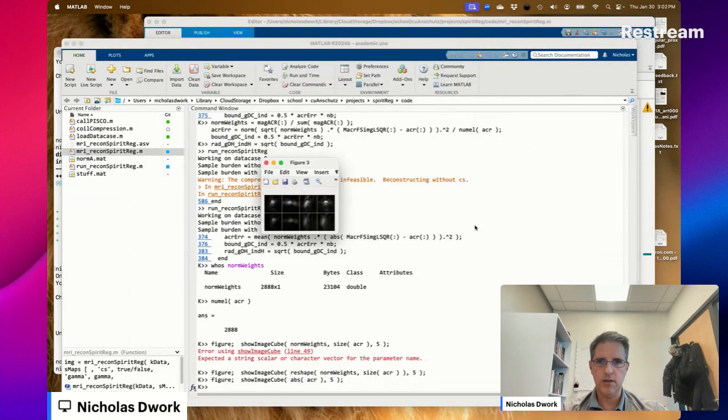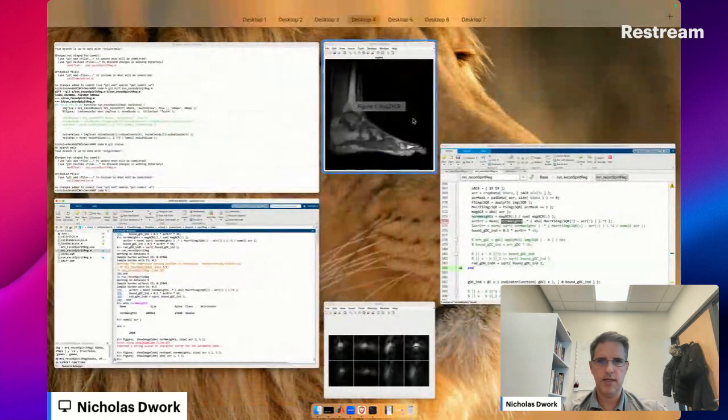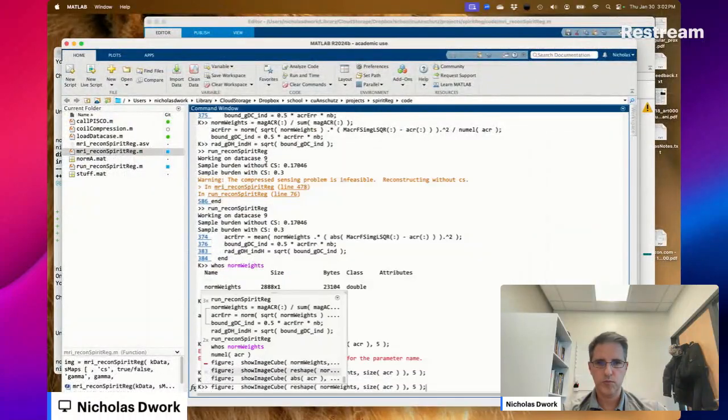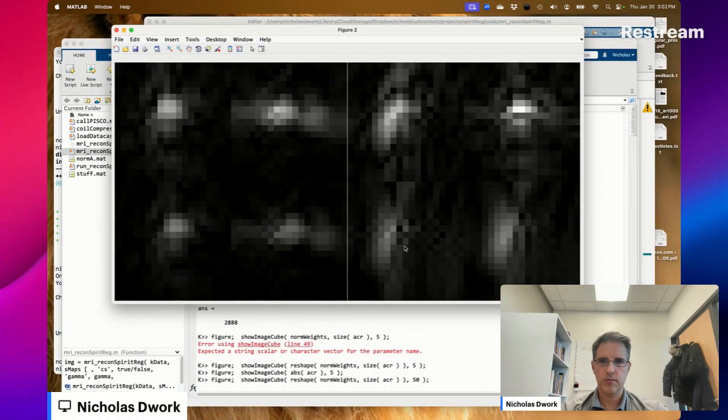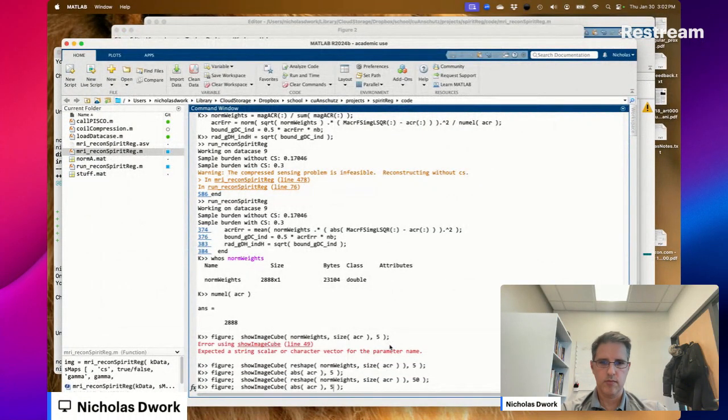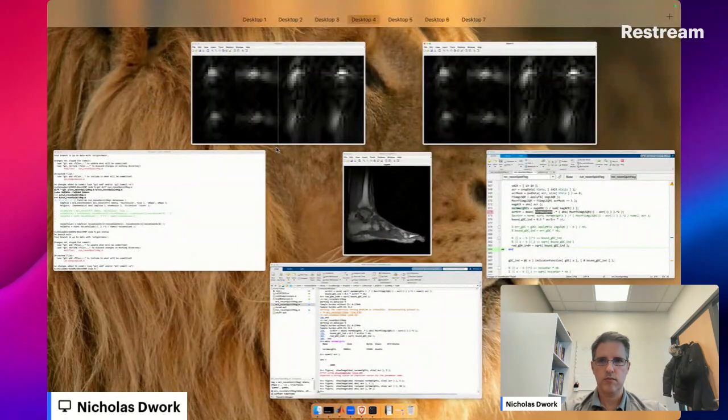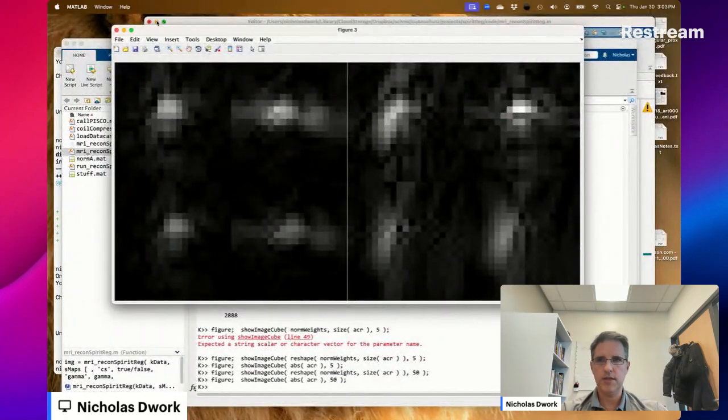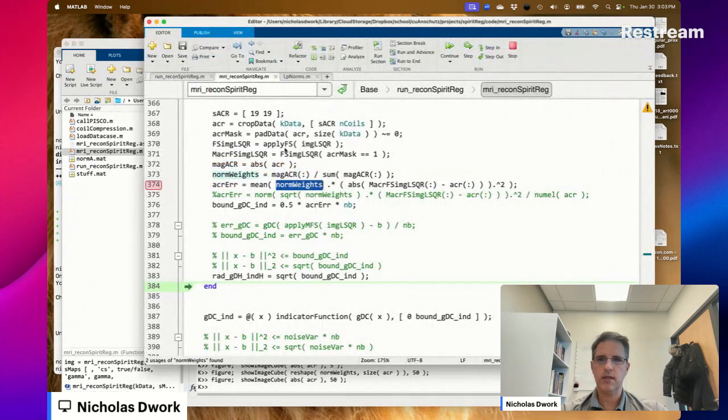That should look a whole lot like the ACR, and it does. Are they different? No, they're the same, and that makes total sense.